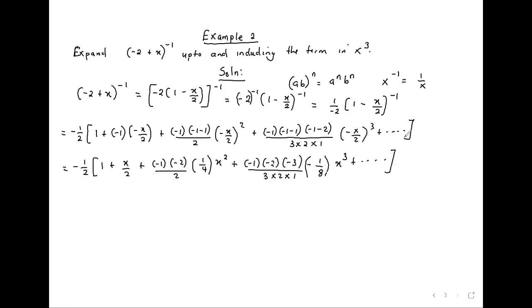But this is just -half outside. 1 plus x over 2. This 2 in that 2, negative by negative, positive, so we remain with 1.